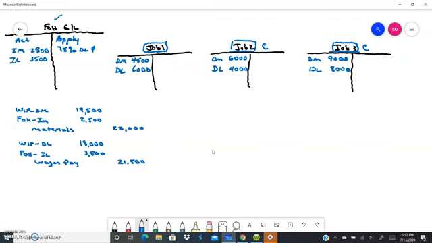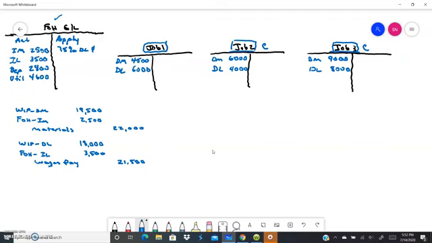Instead, all indirect costs at the factory would go into our factory overhead account. So depreciation, and again, I'm just writing depreciation here only as a descriptor. It's really going in as a debit into our factory overhead account. 2,800 and utilities 4,600. Again, these are actual amounts.